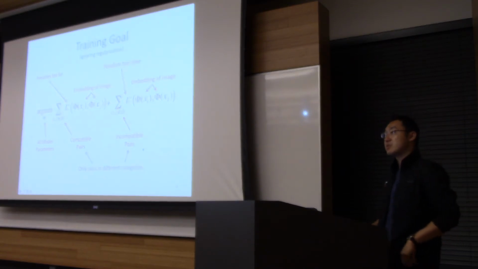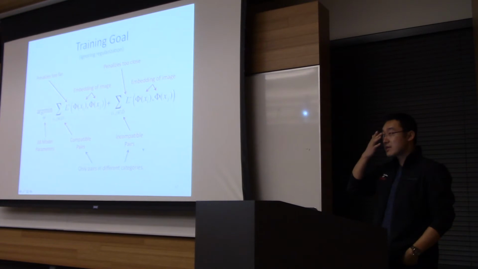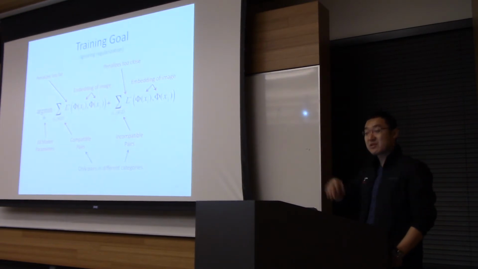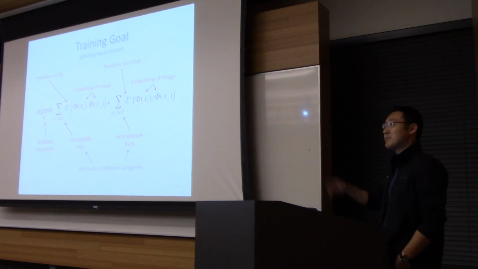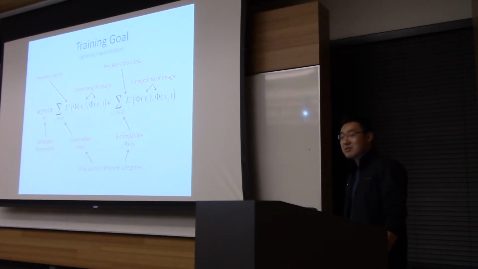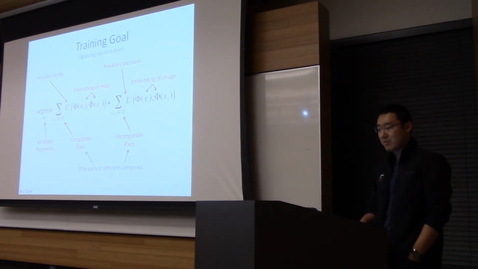We only have explicit information of what is compatible. So what the authors did was they simply assumed that anything that wasn't explicitly compatible was probably incompatible, and they subsampled a subset of that. The number of incompatible things is much larger than the number of compatible things under that assumption, so they subsampled a number of those, and then they populated this summation.